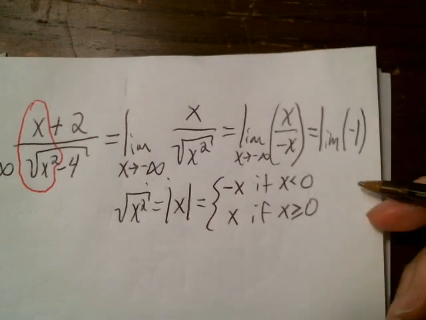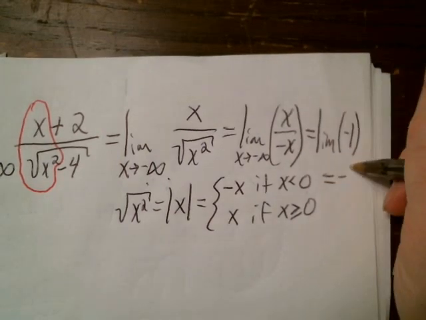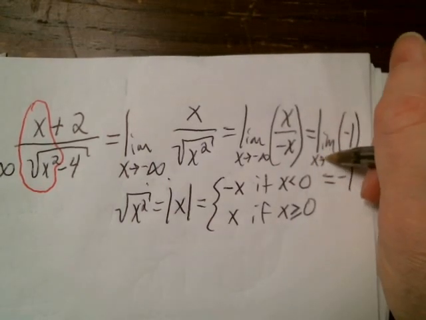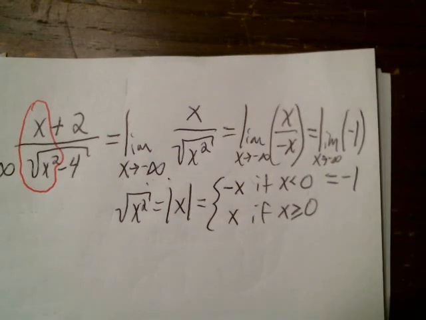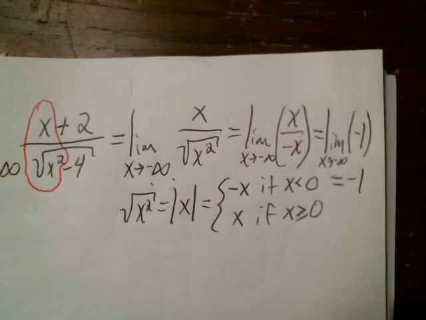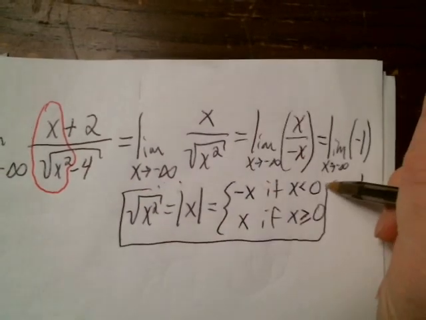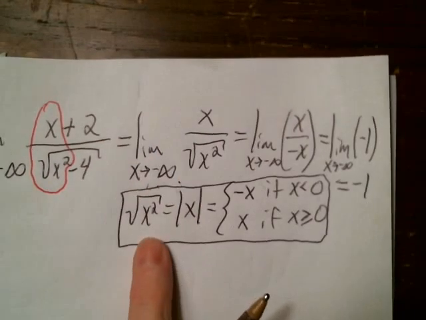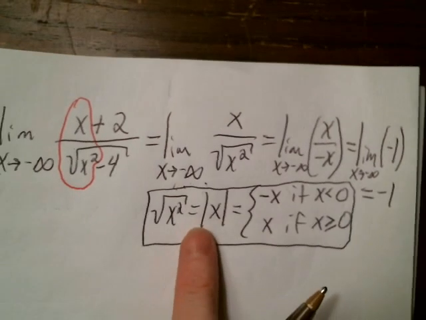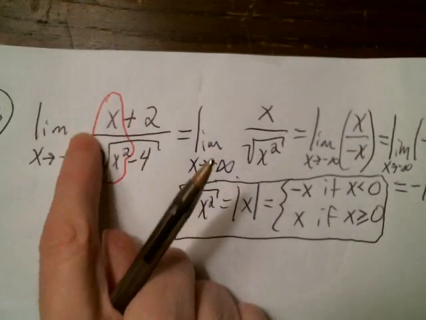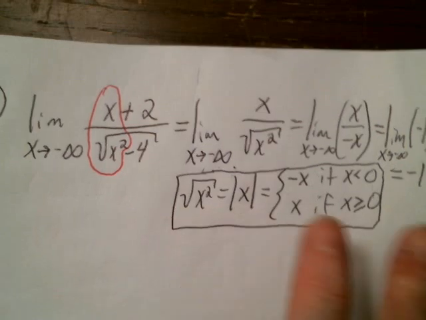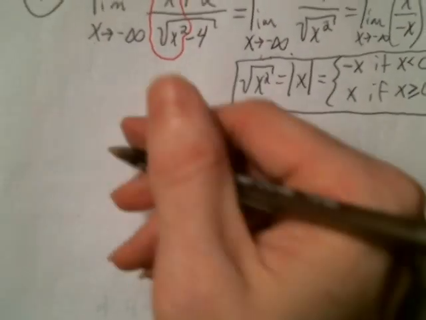I'm running out of room there, so that's equal to -1. Sorry for squishing that. Okay, so you have to be careful when you get these guys. Otherwise, it's kind of just smooth sailing. You just kind of circle the high degree terms and simplify.